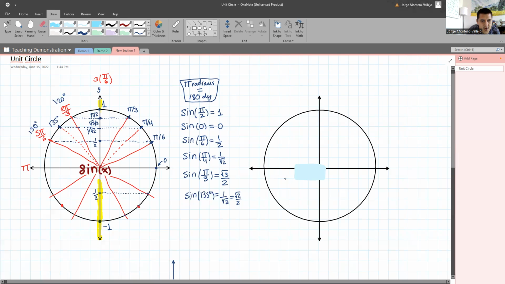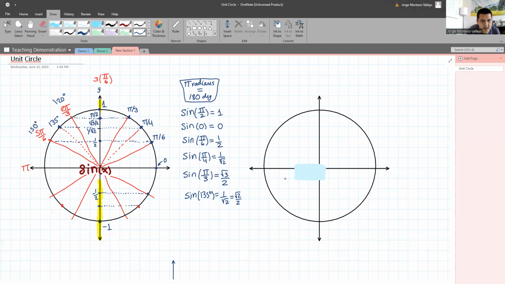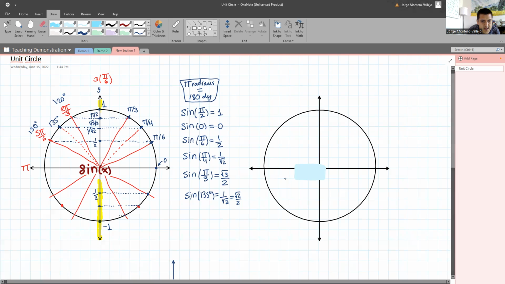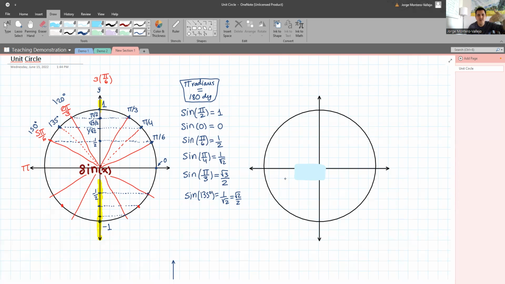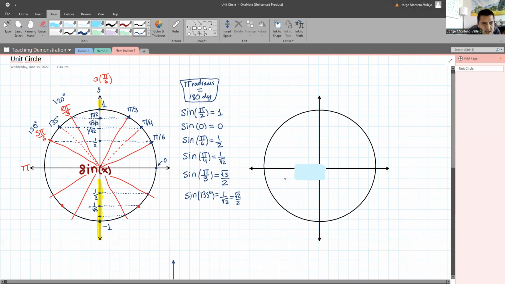Okay, now this other point over here, this other angle, has its shadow here, and then this last one has it here, right? And remember that the order is 1/2 and then 1 over the square root of 2. So then over here we have 1 over the square root of 2, but it has negative sign. Okay, and then the next one is square root of 3 divided by 2, right? So square root of 3 divided by 2, but with negative sign, right?